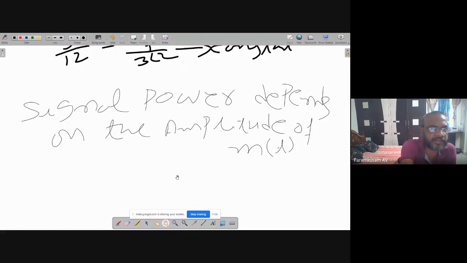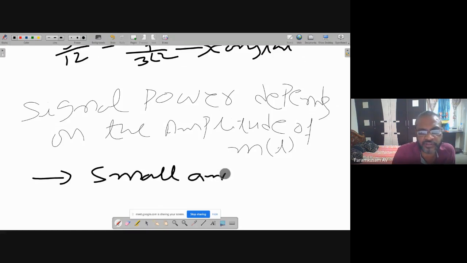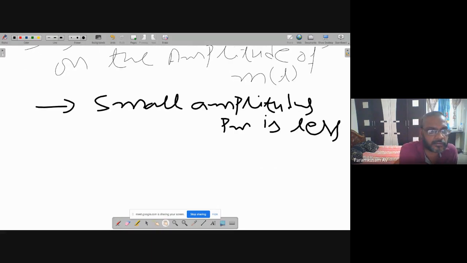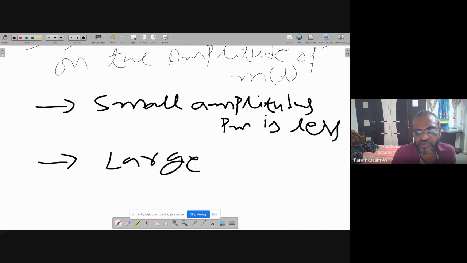Then what happens? Suppose for small amplitudes, Pm is less. For large amplitudes, Pm is large.